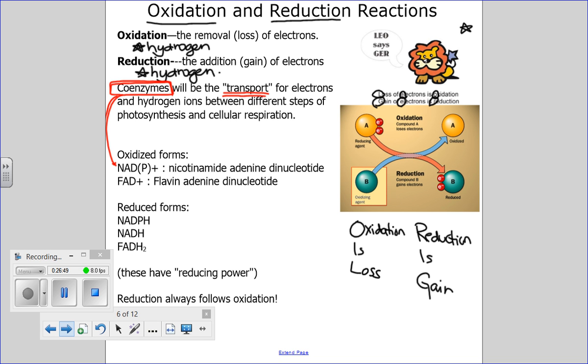Here are our coenzymes that we're going to talk about. You'll notice that first I wrote the oxidized form. Oxidized means they already lost a hydrogen. Now there's two coenzymes that are very similar.